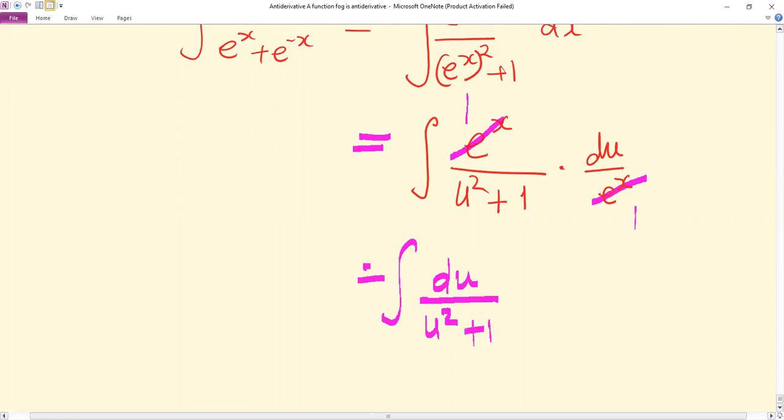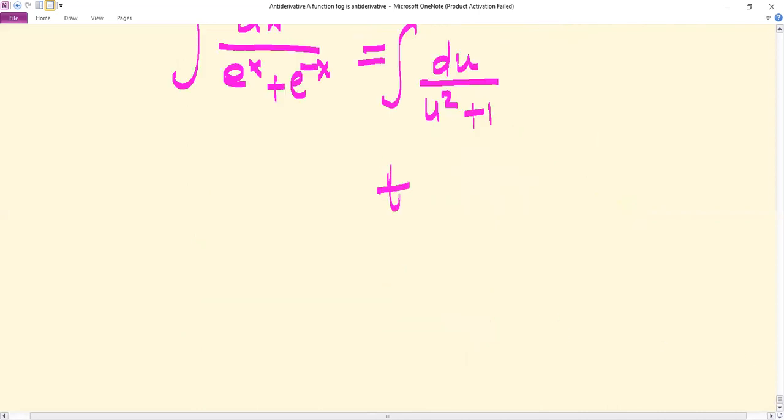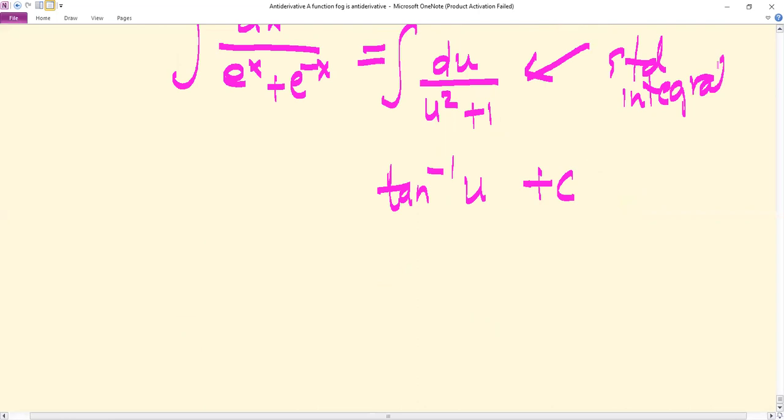And we should be smiling because this is a standard integral whose value we know. And this is simply the tan inverse of u plus c. These are standard integrals.